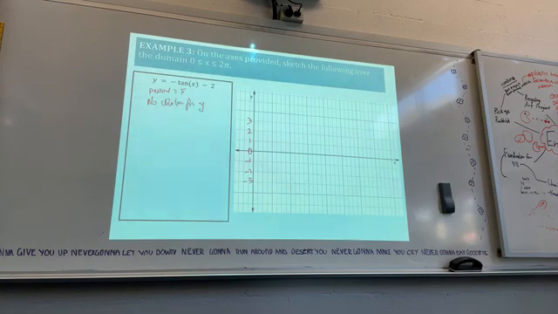Reflection is about the x-axis, and translation in the direction of the negative y-axis by 2 units.